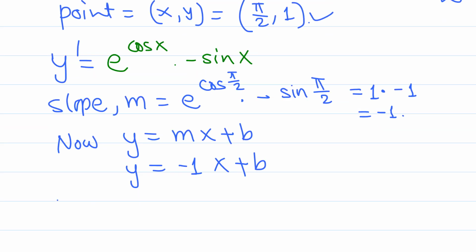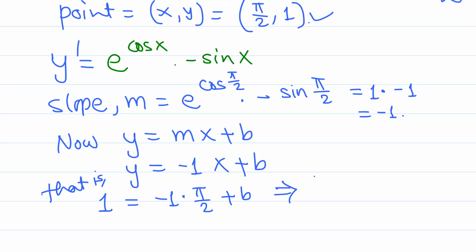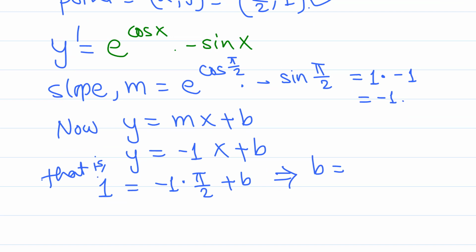So y is 1, and this is negative 1 times x, which is pi over 2, plus b. So this is in fact negative pi over 2. To isolate b, this negative pi over 2 can be moved to the left, or add pi over 2 to both sides. So 1 plus pi over 2. Do not go for decimals.